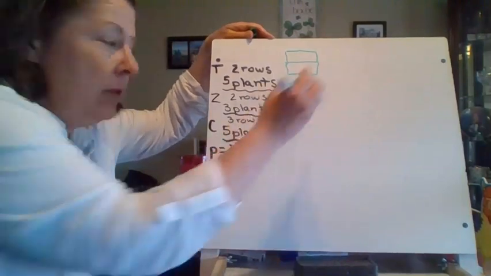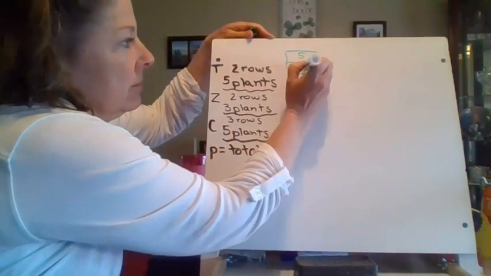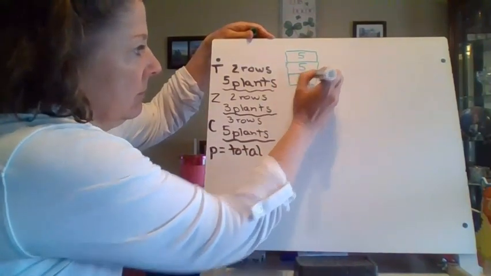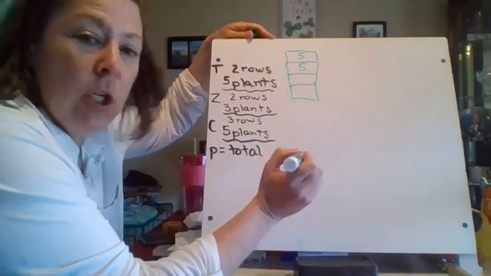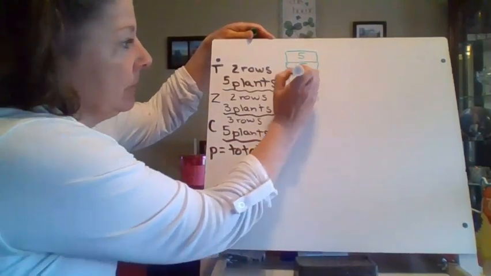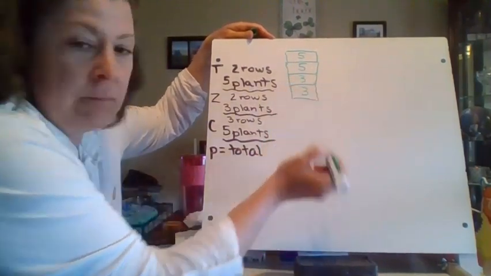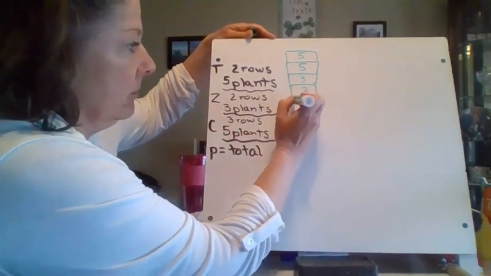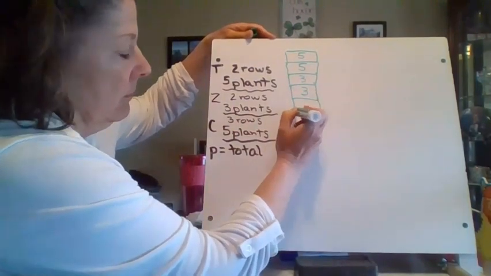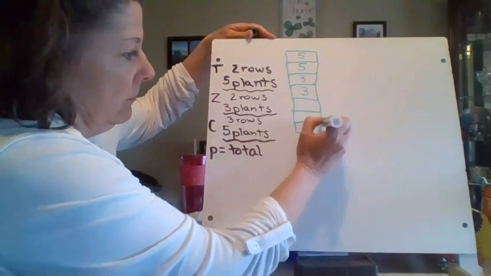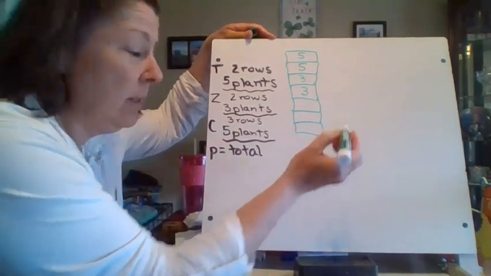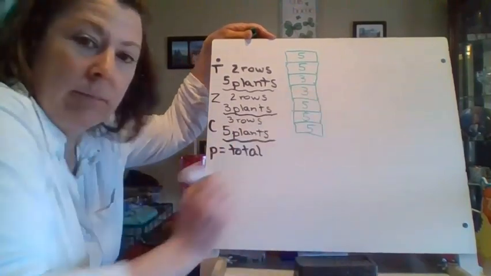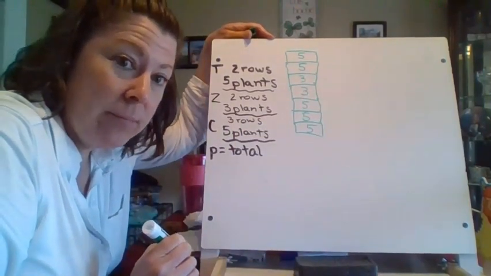Two rows of tomato, 5 plants in each row. 2 rows of zucchini, 3 plants in each row. 3 rows of cucumber, 5 plants in each row.